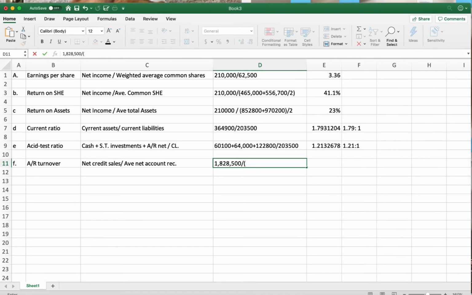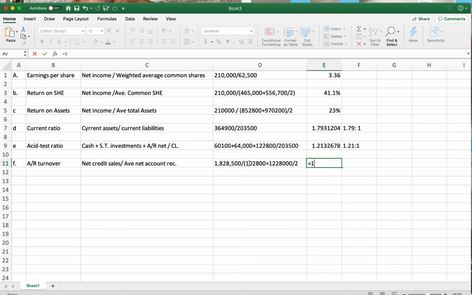I'm going to take my $102,800 plus my $122,800. I'm going to divide that by 2, and I'm just going to run the numbers.